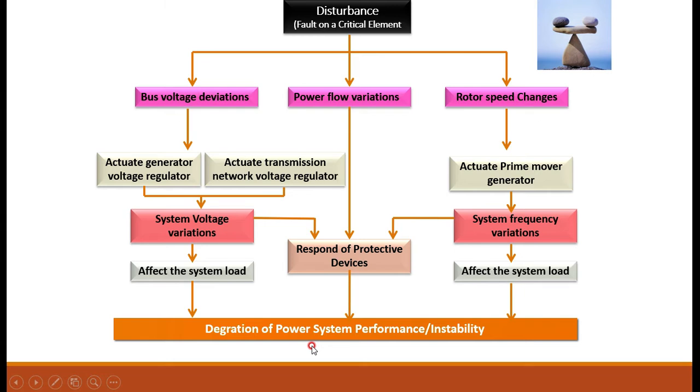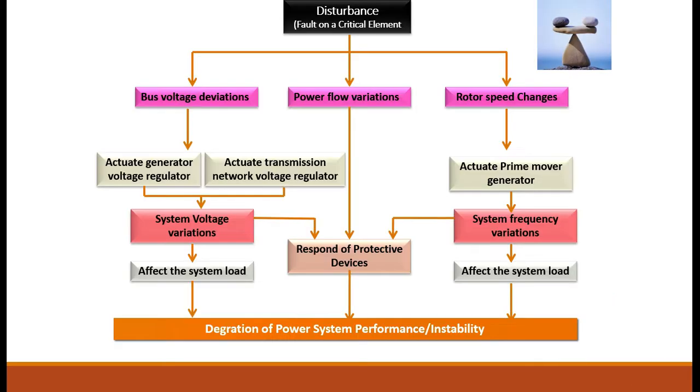These cause the instability because of disturbance, because of variation of the voltage, power flows, and rotor speeds. So how do we counterbalance them? You should not go into instability conditions. You have to control these voltages, power flows, and rotor speeds in the event of disturbances.